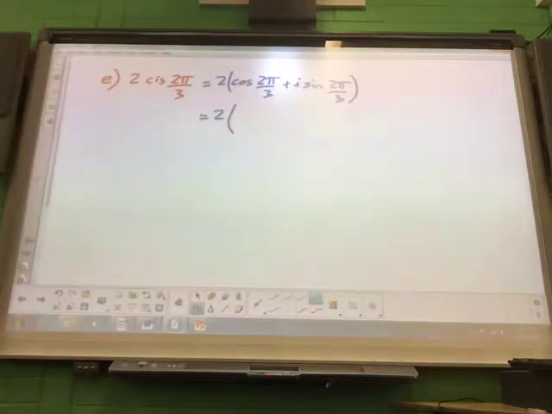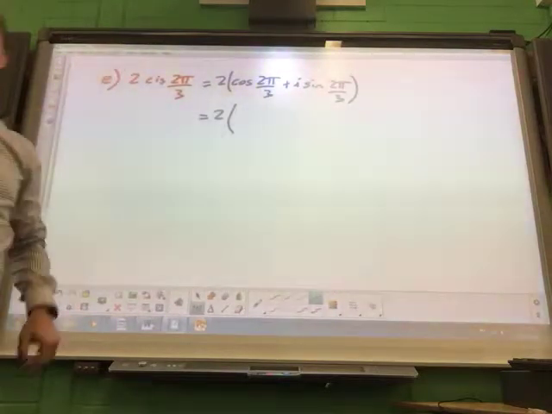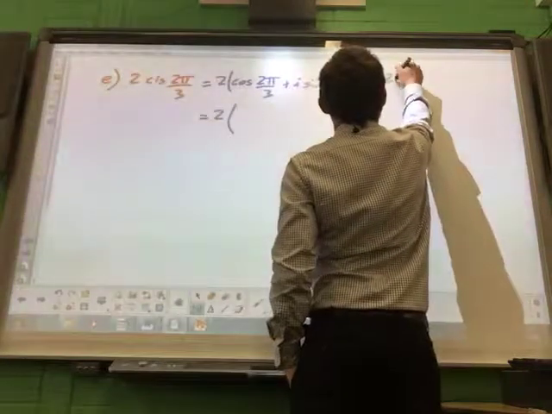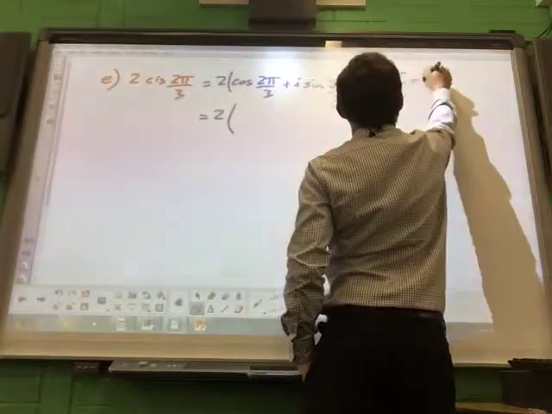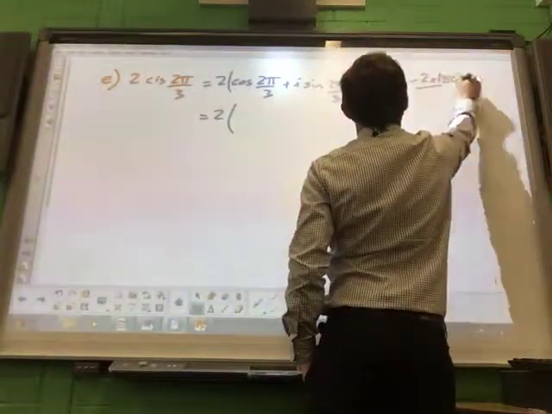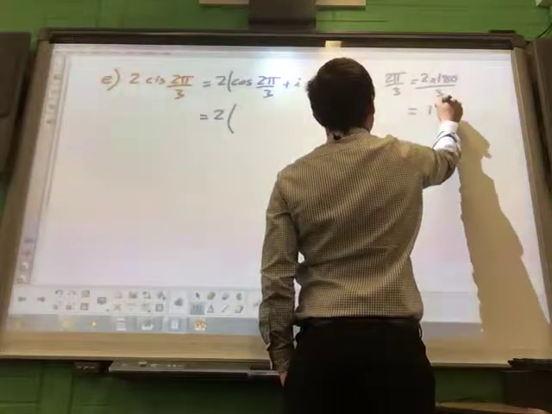Alright, so remember pi is 180 degrees. So pi on 3, 180 divided by 3 is 60, and then we need to double it. So 2 pi on 3 is 2 times 180 over 3, which is 120 degrees.